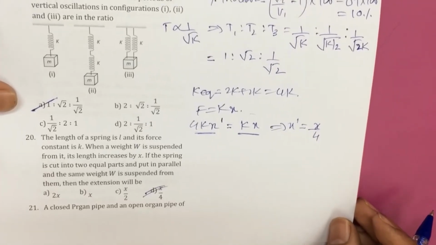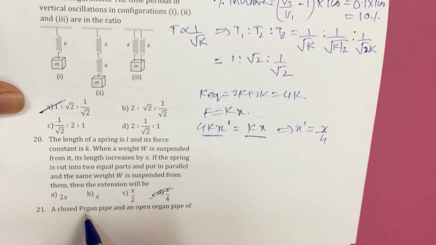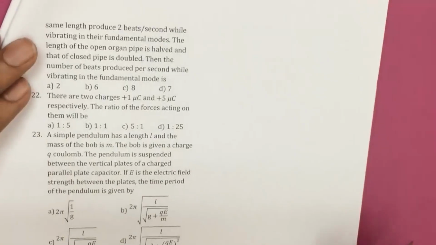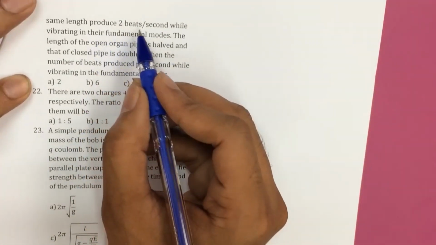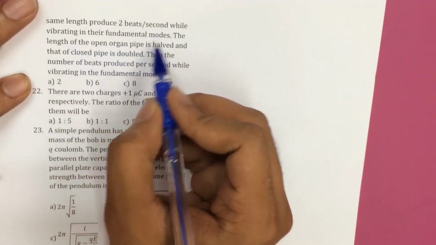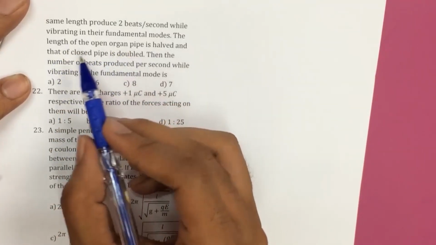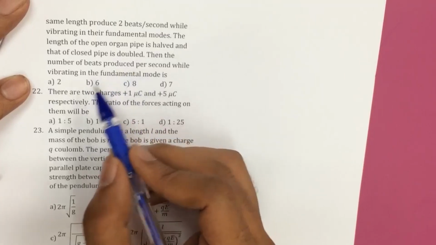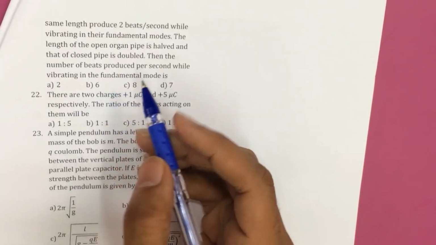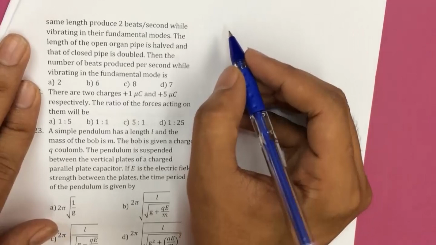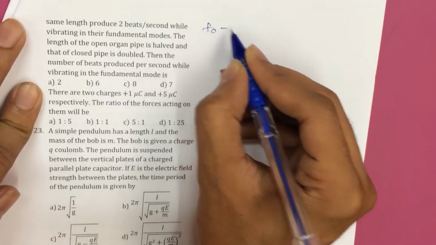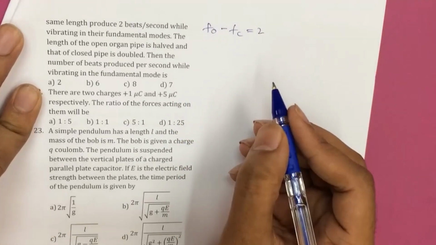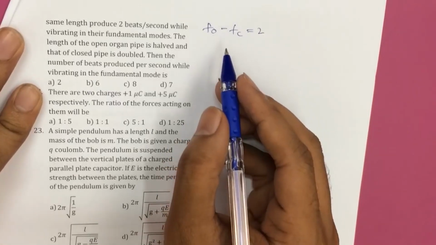Question 21. A closed organ pipe and an open organ pipe of same length produce 2 beats per second while vibrating in the fundamental modes. The length of the open organ pipe is halved and that of the closed organ pipe is doubled. Then the number of beats produced per second while vibrating in the fundamental mode would be. Now, open frequency minus closed frequency equals 2.